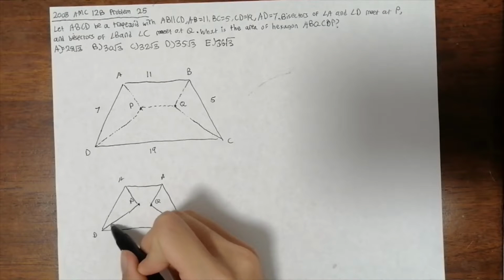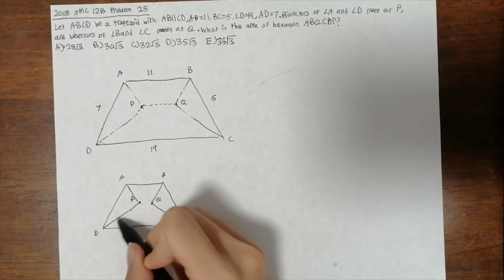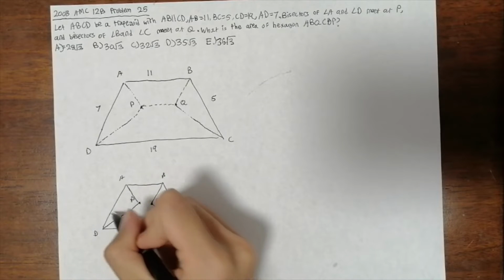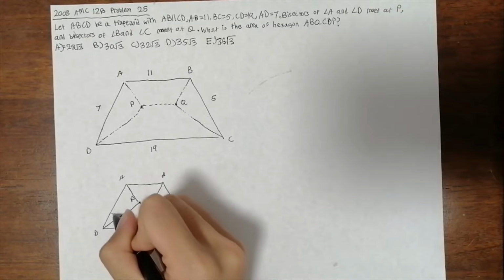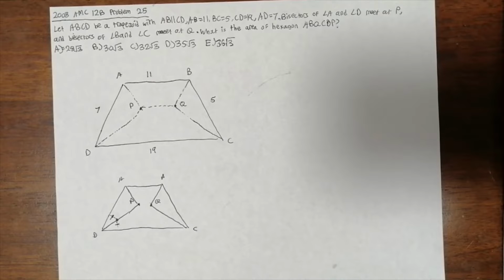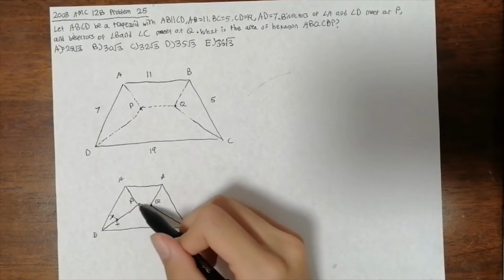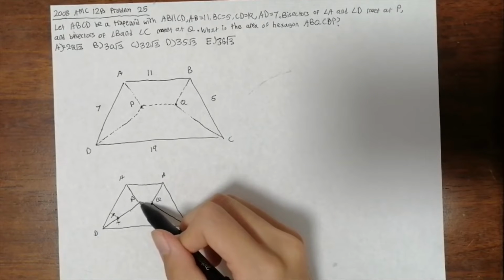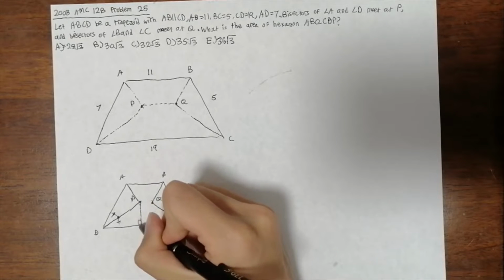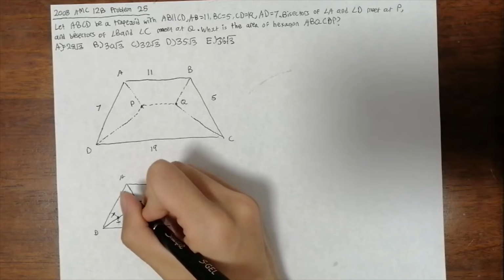Well, the angle bisector is equidistant. Any point on the angle bisector, for example, let's just say this one, is equidistant from the two sides. So this means that this point P is equidistant from the side AD.